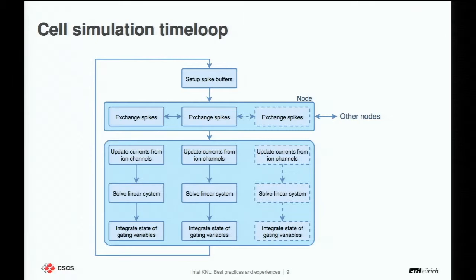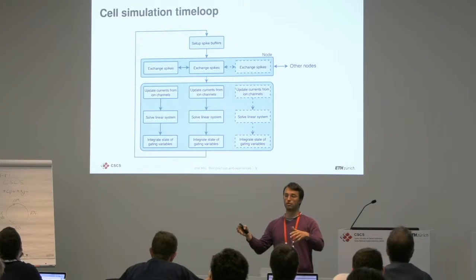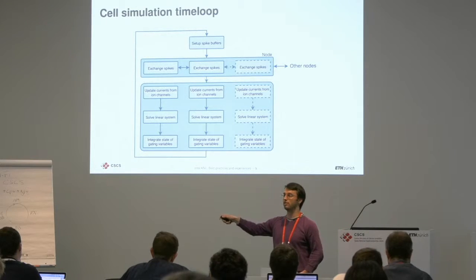First, we update the currents from the different ion channels. From the computational point of view, this has some indirect memory references, because you have the compartment indices, and the array where the voltages are stored is indexed based on this compartment index.